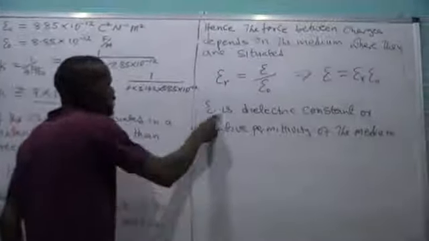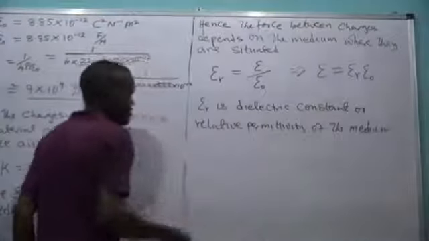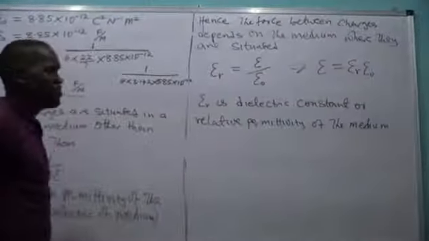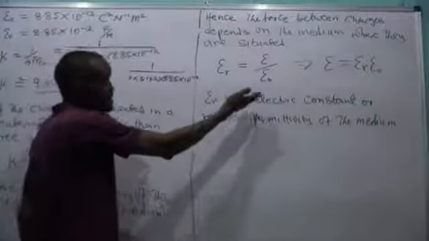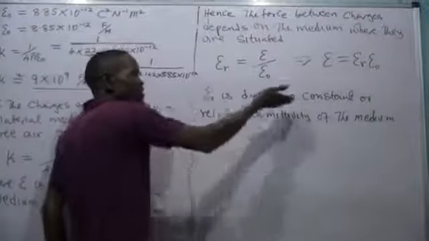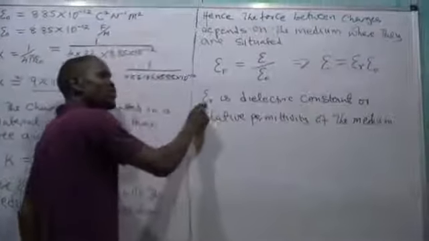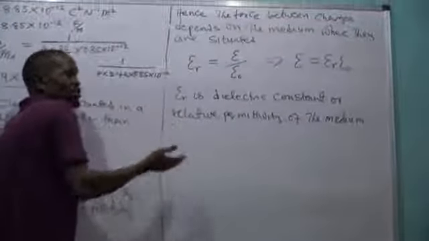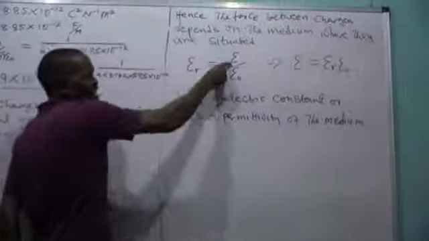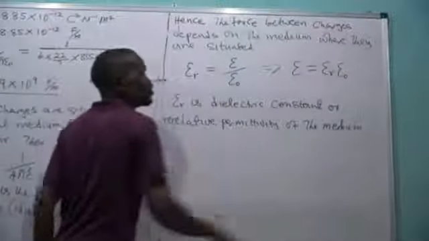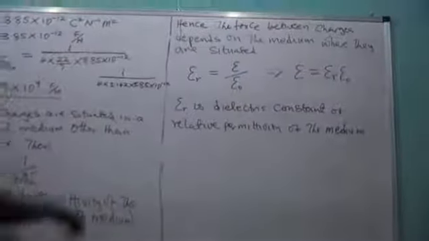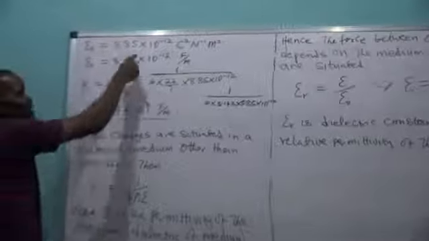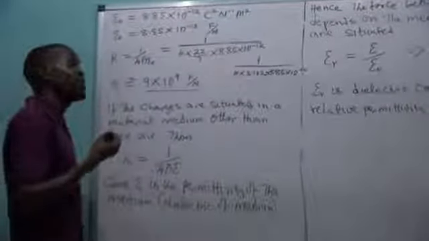In some cases, they will give me the dielectric constant, which is epsilon R, without giving me the permittivity of that medium. For me to get the permittivity, I will multiply it by epsilon O, which I've already known. This epsilon O, which we explained before, is a constant value which you need to put in your brain and memorize.